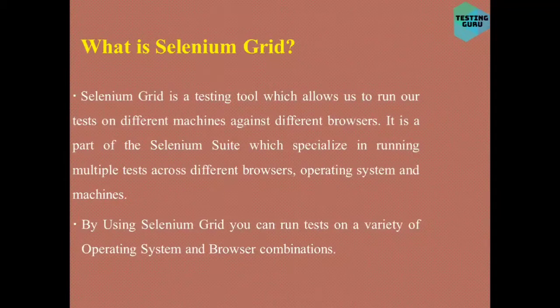By using Selenium Grid, you can run tests on a variety of operating system and browser combinations. With the help of Selenium Grid, we can run our test cases with a number of combinations of browser versions and operating systems of the machine. On that basis, Selenium Grid is useful.